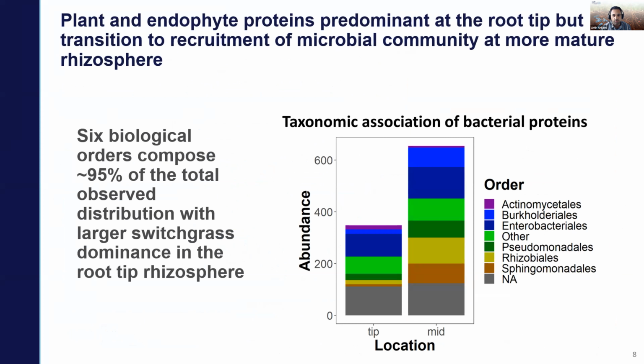So root tip shows a different trend than the middle of the root. So my question is, have you tried different developmental stages of the plant, or was that just one specific developmental stage? Or do you think if you try other stages, maybe you'd see a different trend?